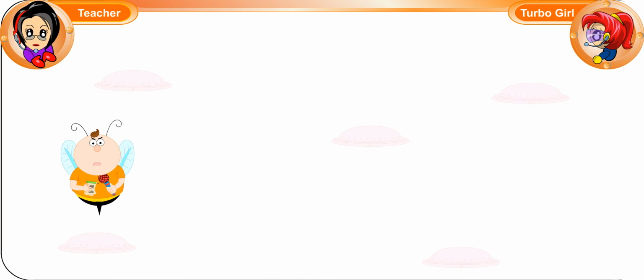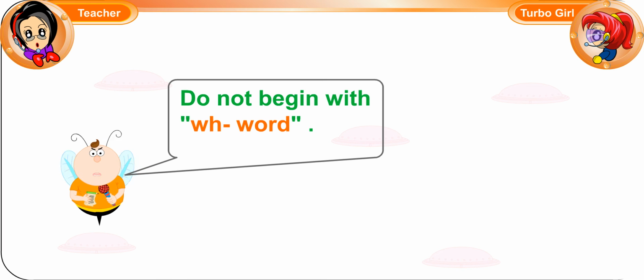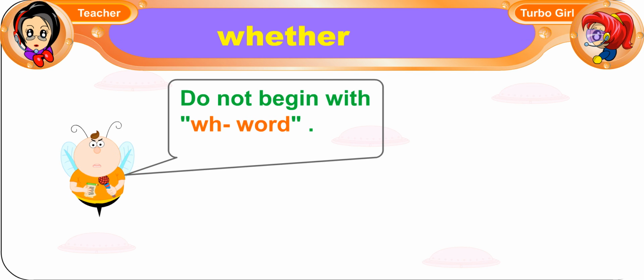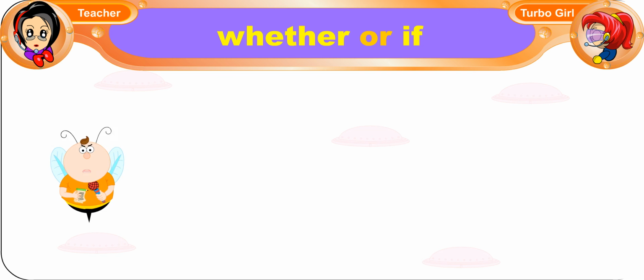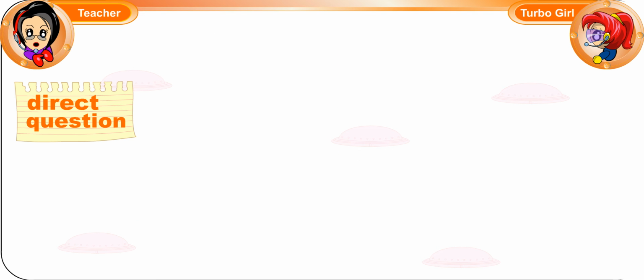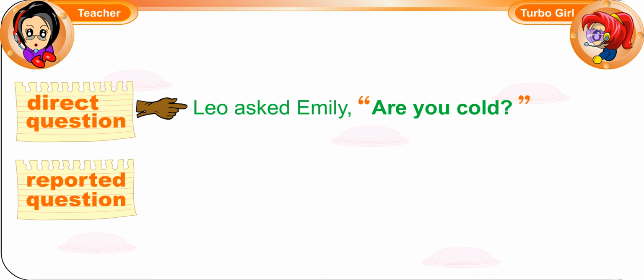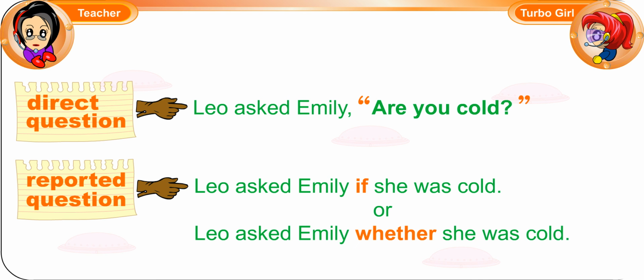But when we report other types of questions which do not begin with a WH word, we usually have to add either whether or if before the subject noun. For example, in direct question, Leo asked Emily, "Are you cold?" In reported question, Leo asked Emily if she was cold, or Leo asked Emily whether she was cold.